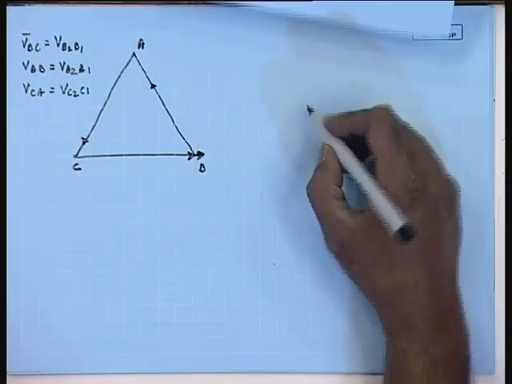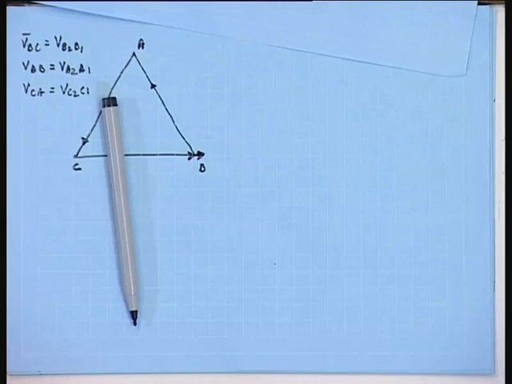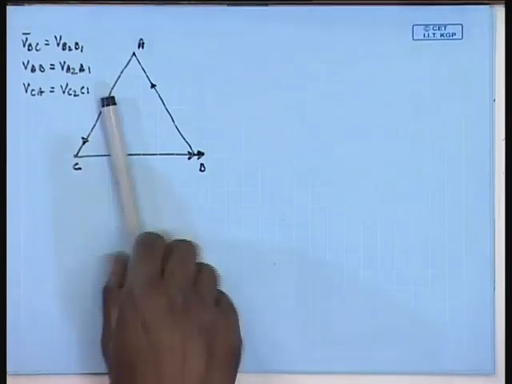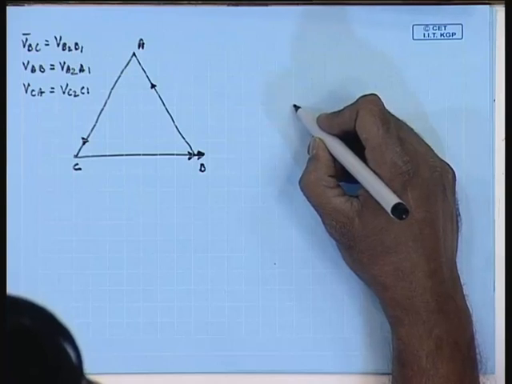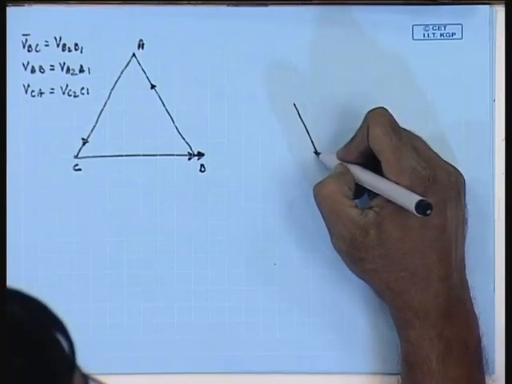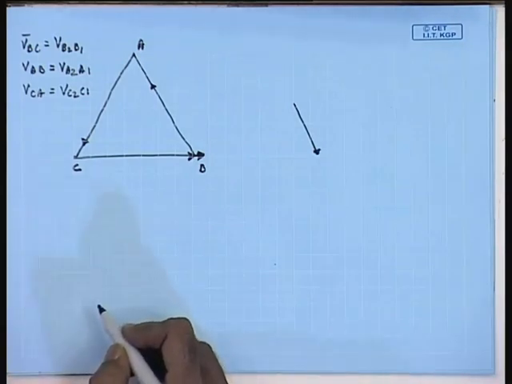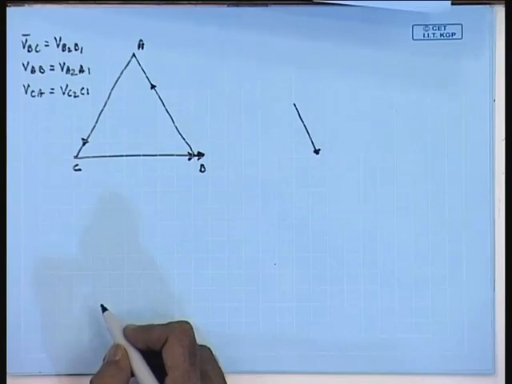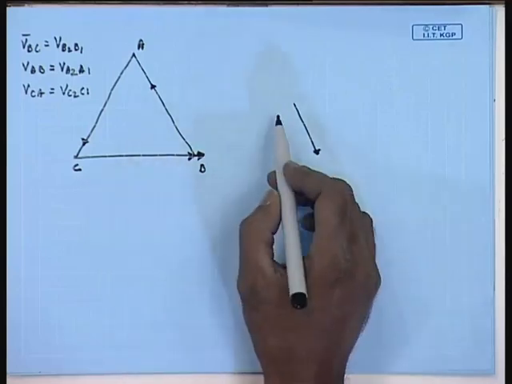So, this will be the phasor VA2 A1. Similarly, the phasor VB1 B2 will be in phase opposition to VB2 B1, which is VBC.